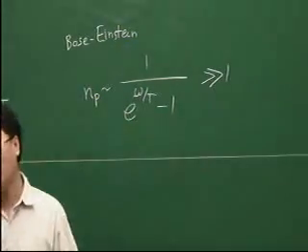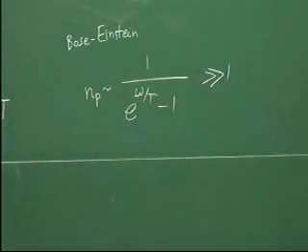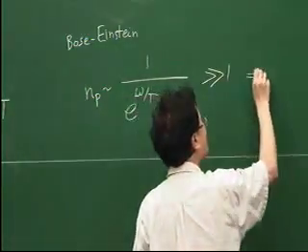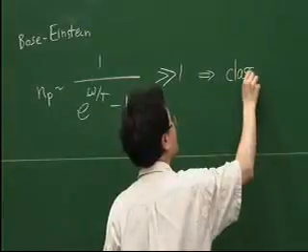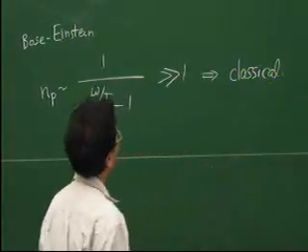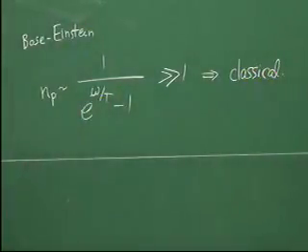So that means that hydrodynamics is a classical theory, because we are describing modes that have occupation number much bigger than 1. Usually hydrodynamics at finite temperature is not a quantum theory. Okay, so that is the regime of validity of hydrodynamics.